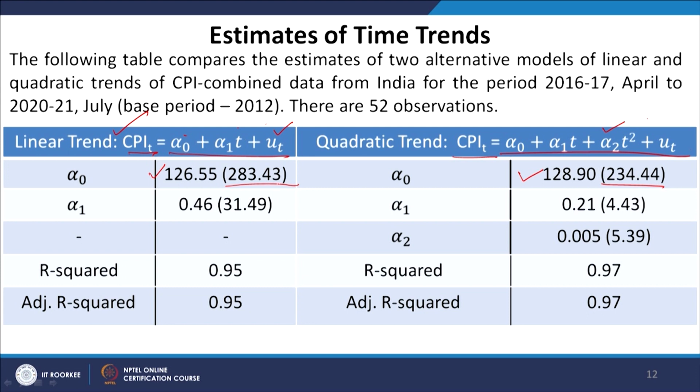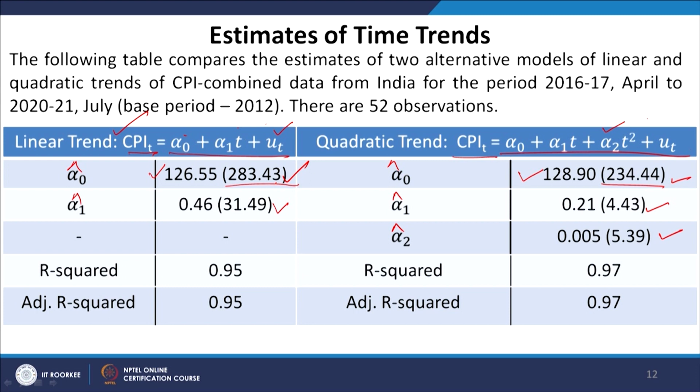All the parameter estimates, I can denote them by alpha naught hat, alpha 1 hat, are significant at 1% level of significance. So, that is not a worry. The t statistics are in the parenthesis, or in brackets.